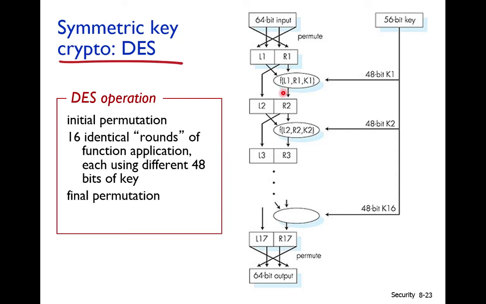Then again permutation is applied, and again the ciphertext is computed using a 48-bit key. This 48-bit key is generated from the 56-bit key; the details of how it is done are available in the RFC. After 16 rounds, the final 64-bit output is produced.